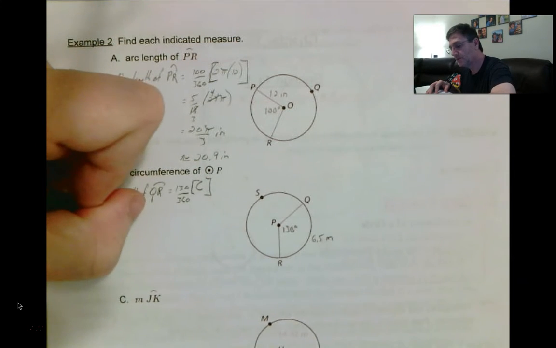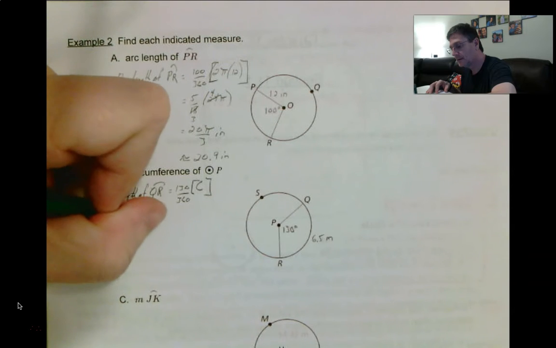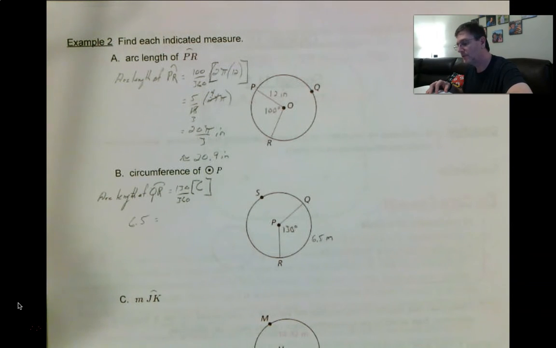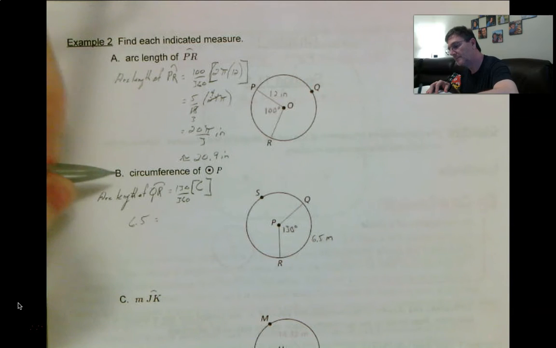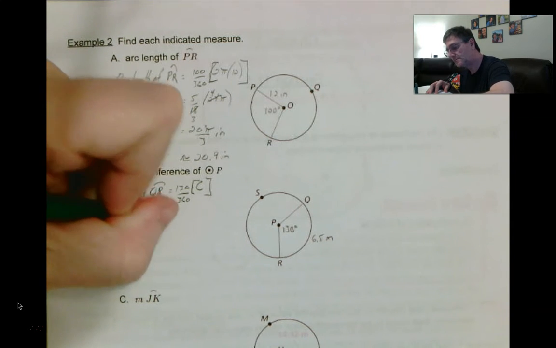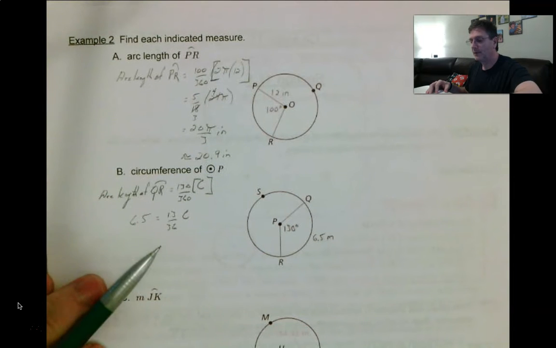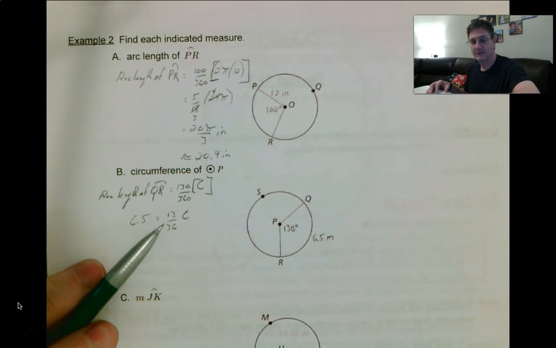Arc length is 6.5 equals 13 over 36 C. Multiply both sides by 36 over 13.